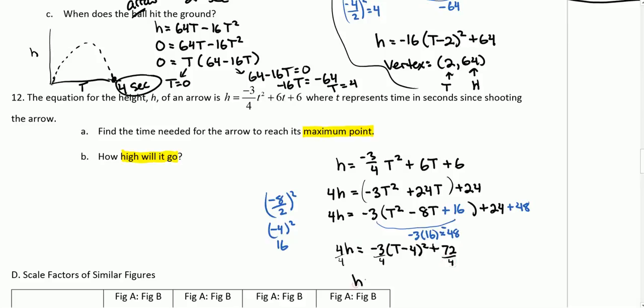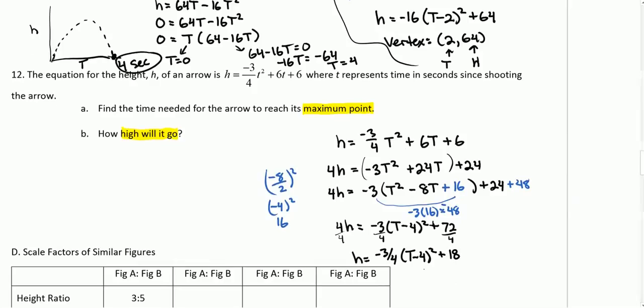And you get the height is negative 3/4 t minus 4 squared plus, 4 goes into 72 18 times. So our vertex is (4, 18), where 4 is our time and 18 is our height.